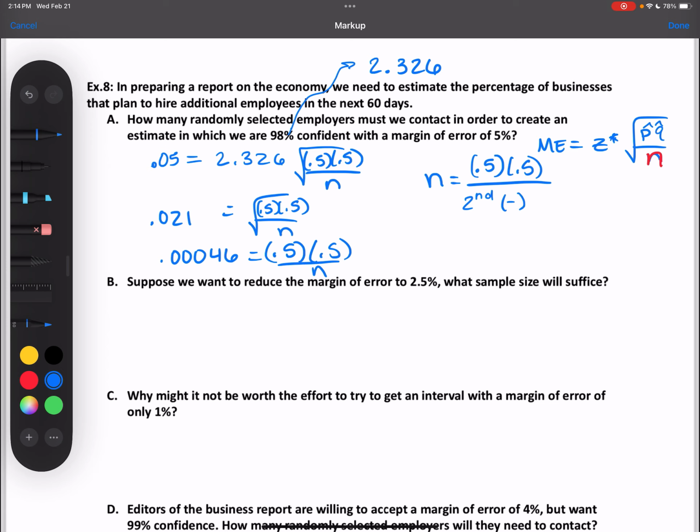So if you type it in that way, 0.5 times 0.5 divided by second answer, it will give you your number. So how many businesses do we get? 541 businesses.